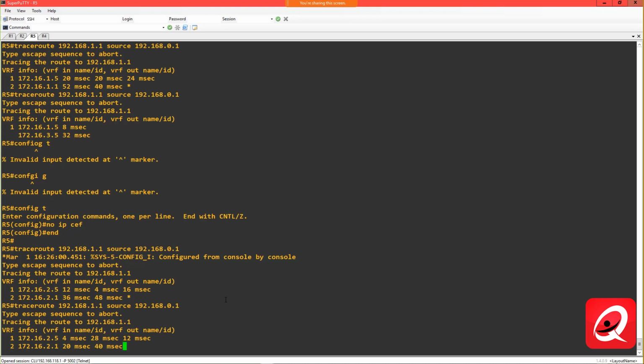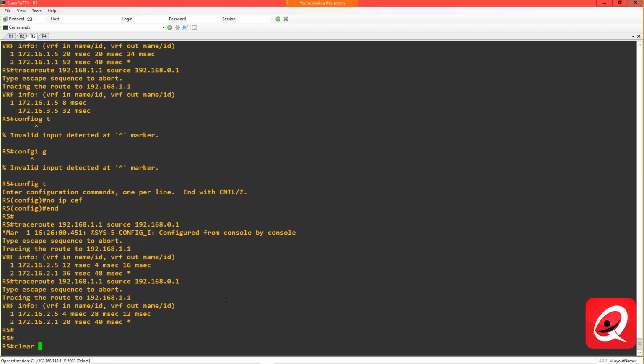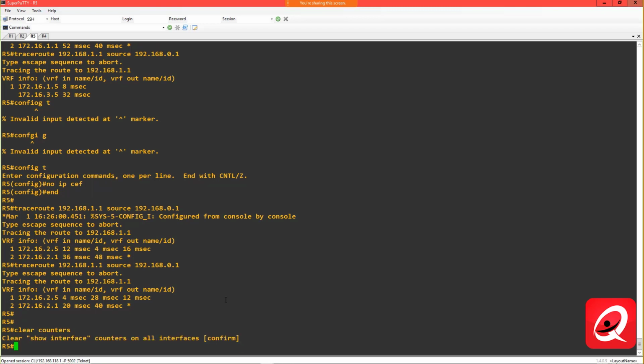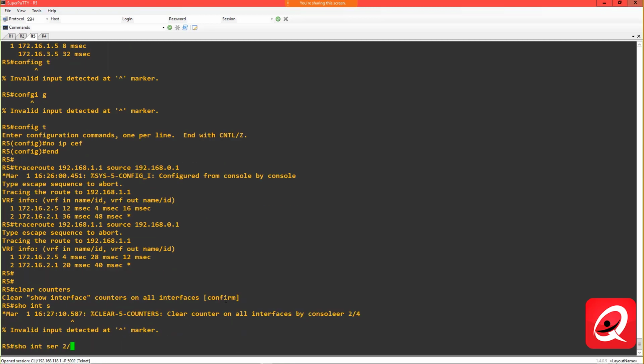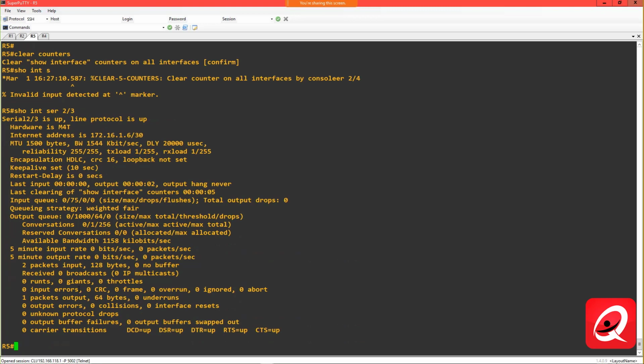Here's another way that we can see this real quick. If I do a clear counters, show interface serial 2.3. So we have output rate, input rate.